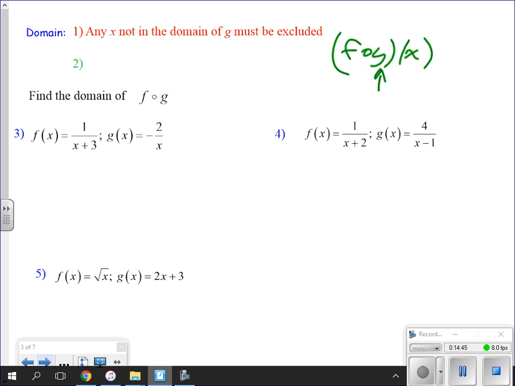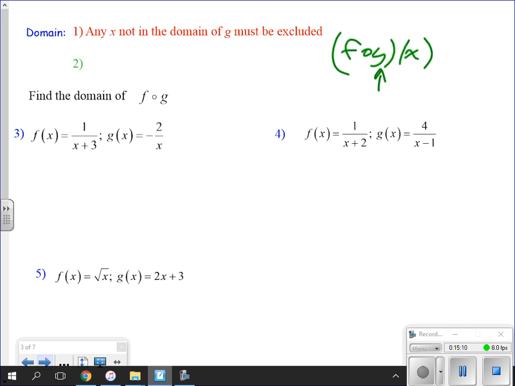So the inside function, if it can't be part of G, it can't be part of everything. If we look at the original problem, the one we did a while ago where we said it does not exist, it didn't exist in the inside function, therefore it doesn't exist in the composite function. Even though I could have taken the square root of x and plugged it in and squared it and gotten everything all cleaned up, it would have worked there. Because it didn't work in the original one, it doesn't work in the composite.